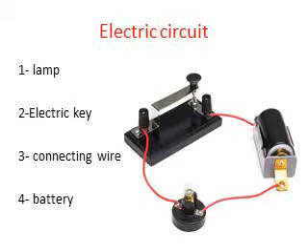Before we talk about an electric circuit, let's say why we need electric current in our life. We can't imagine our life without electric current because we use electricity in our daily life, as we use it to light our houses, our factories, our streets.